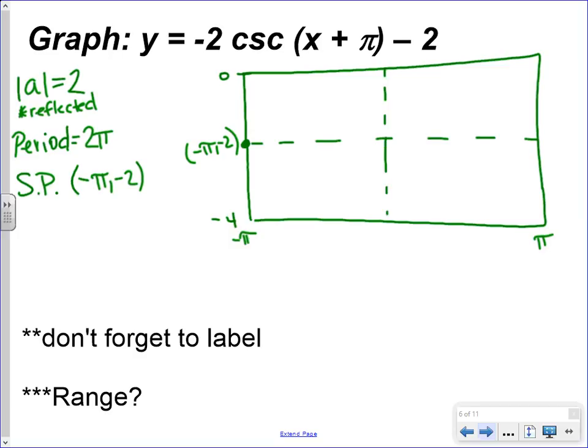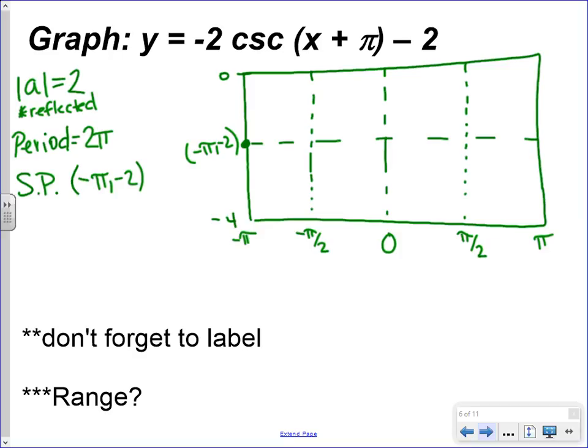Okay. So halfway between -π and π would be what? 0. Halfway between 0 and π is π/2. And halfway between -π and 0 is -π/2.